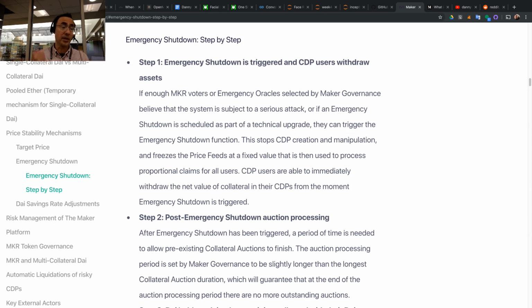Okay, so you are able actually to withdraw the net value, whatever you put in the collateral. So if you put 100 US dollars of ETH, right, then you'll get back, right?